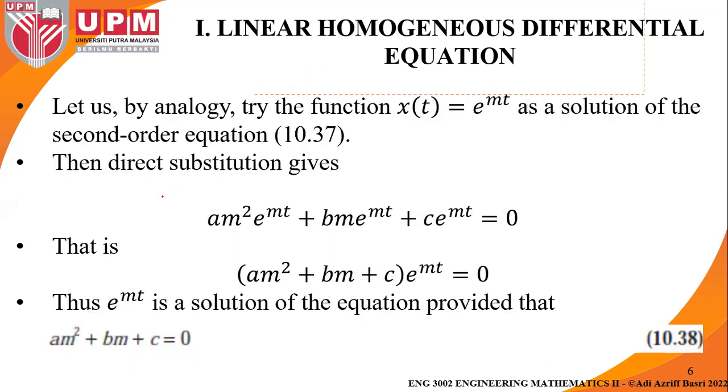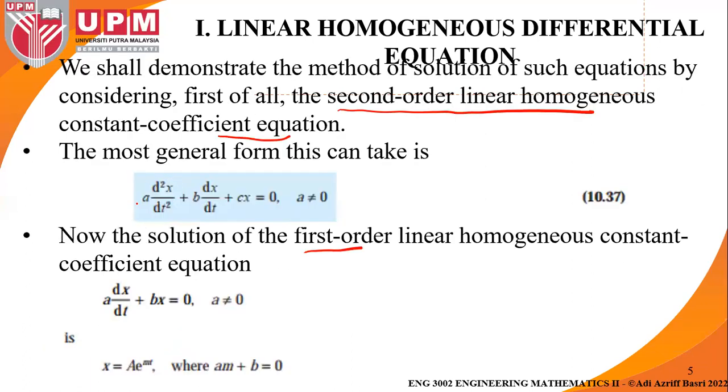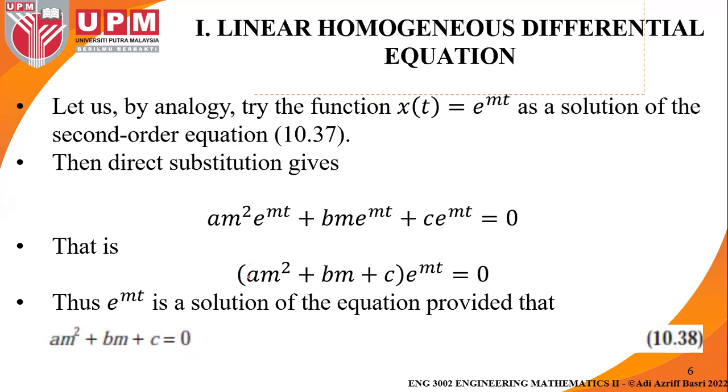Previously, this one was first order, but for second order the power should be a power of 2. So the general equation is (am squared plus bm plus c) e^(mt) equal to 0. Thus, e^(mt) is a solution of the equation provided that am squared plus bm plus c equal to 0.